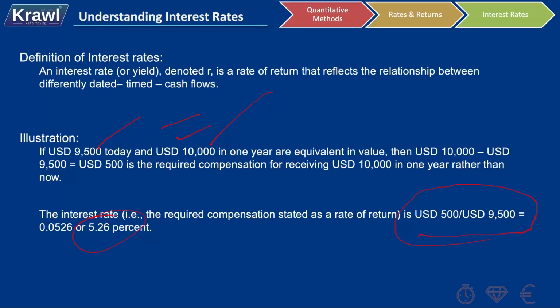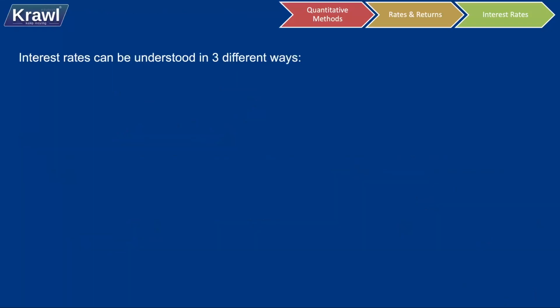So if you look at the definition we spoke about, we said it's a rate of return that reflects the relationship between differently dated cash flows. Let us now get into what exactly constitutes interest rates and the ways in which we can understand it.